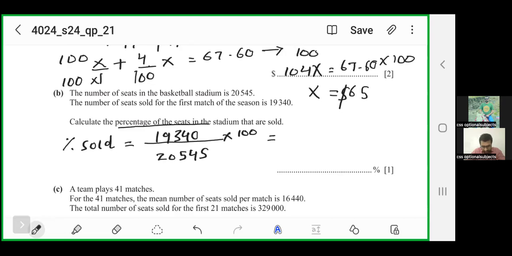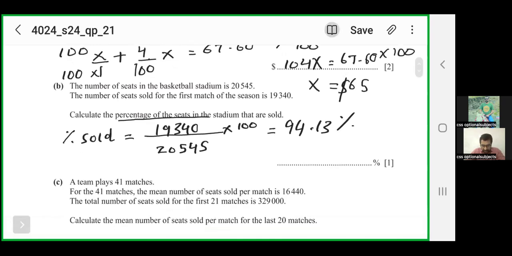That is 94.13%. So 94.13% of seats were sold.